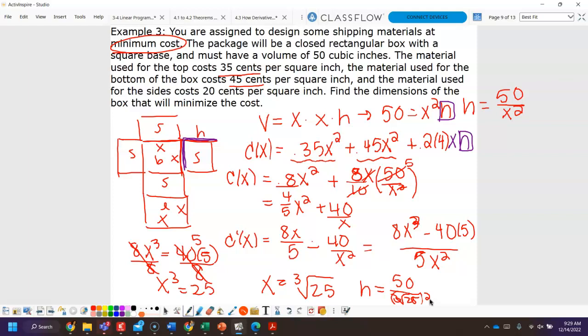After, like, where it says c prime of x, I got to the 8 cubed times 40 times 5 over 5x squared. Then since the bottom doesn't matter, because you're going to get 0, I set the top equal to 0. So when you set the top equal to 0, that 40 times 5 moves to the other side.